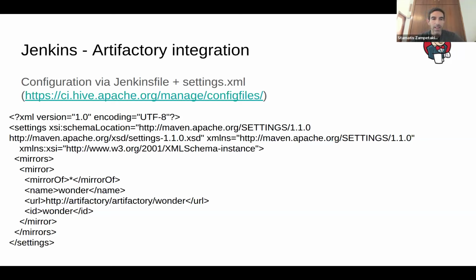And basically it says that no matter which repository is defined in the project, we are always going to fetch artifacts from this special kind of repository, which is Artifactory Wonder. So this is a global mirror, and we are fetching artifacts only from there. And this is a step why we want to have an Artifactory service.